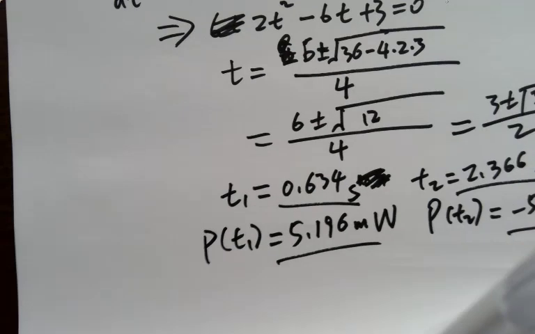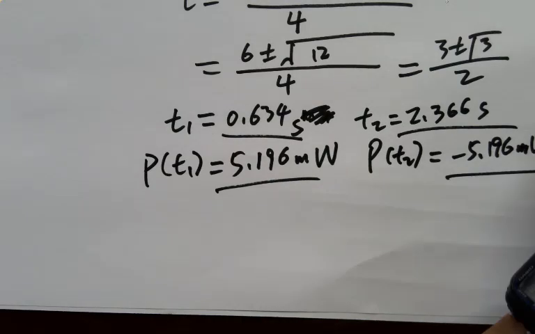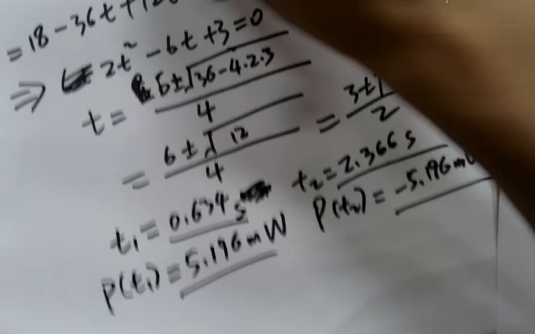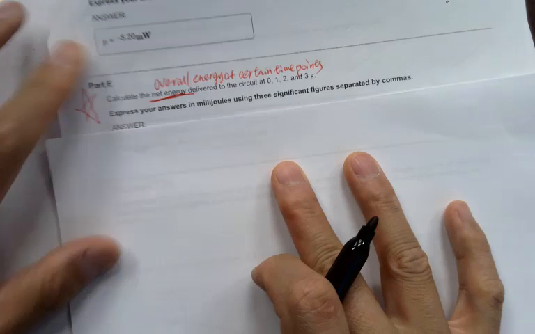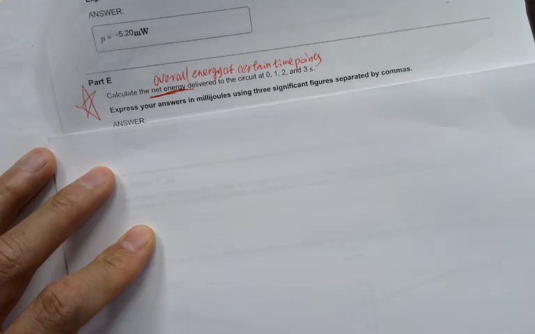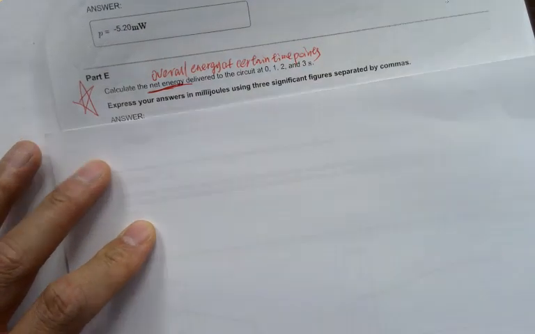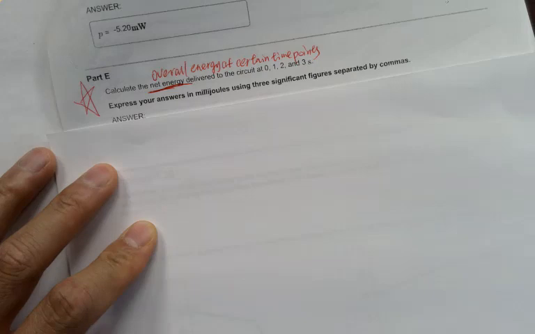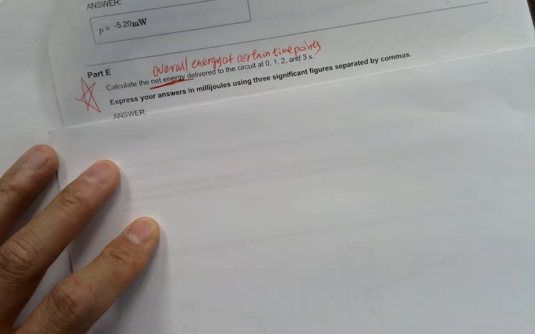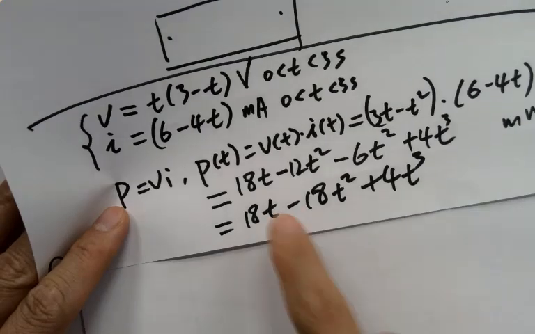Okay, part E. It's just 0 to 3 seconds for this question. And the equation was the original equation without taking the derivative, which is this part.